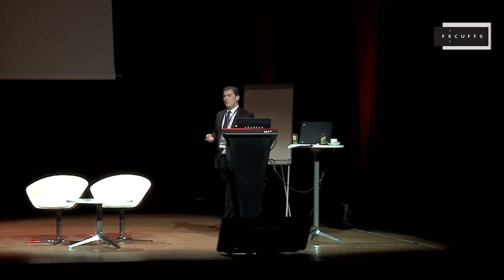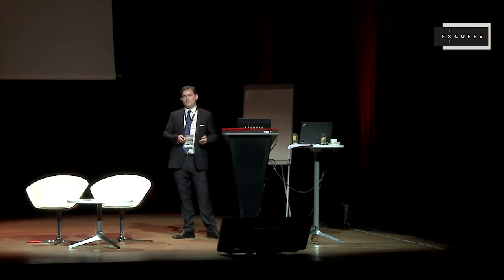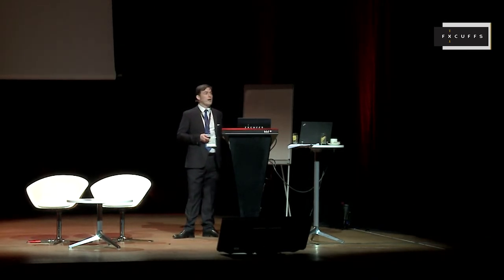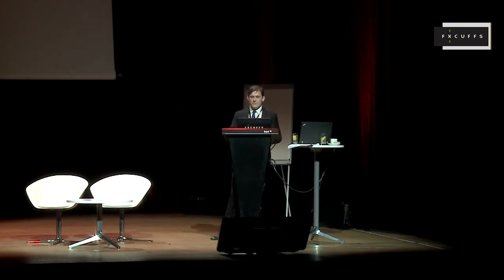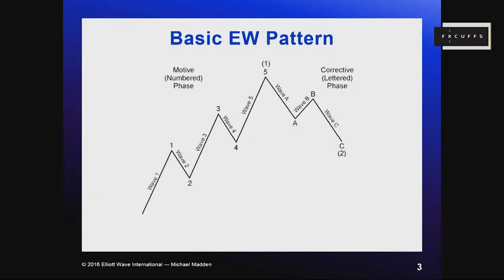So the wave principle is a form of technical analysis that Ralph Nelson Elliott originated in the 1930s. He discovered that stock market prices trend and reverse in recognizable patterns, and that these patterns then go on to make larger patterns and smaller patterns of the same.